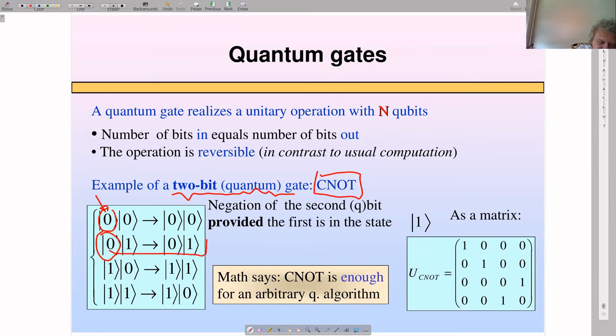In all these situations, the state of the second qubit also doesn't change. And if the state of the control qubit is 1, then it does change. That's why people call it so. CNOT means controlled NOT. So negation proceeds controllably.